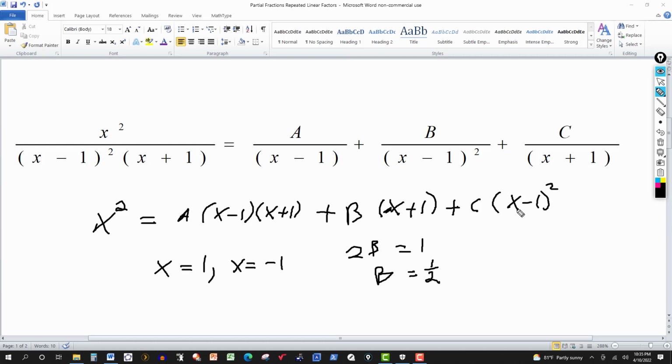So what do I have left? Over here I have c, and then -1 minus 1 is -2, and 2 squared is 4, so that gives me 4c. That has to equal whatever's on the other side. Well, -1 on the other side squared is 1, so I get 4c is equal to 1. So divide by 4, you get c is equal to 1/4. Okay, so that's what we got using the system, writing it out and solving: b is equal to 1/2, c is equal to 1/4.